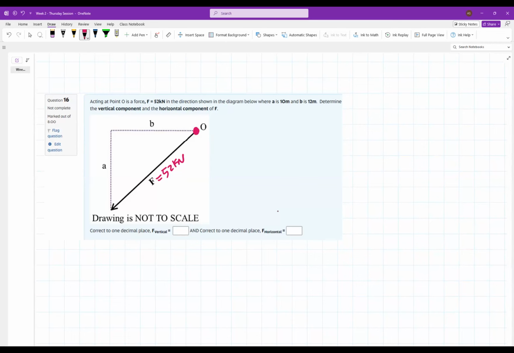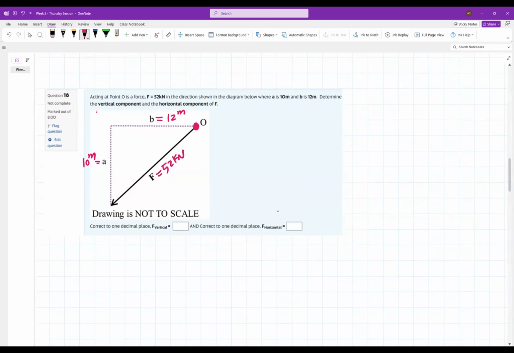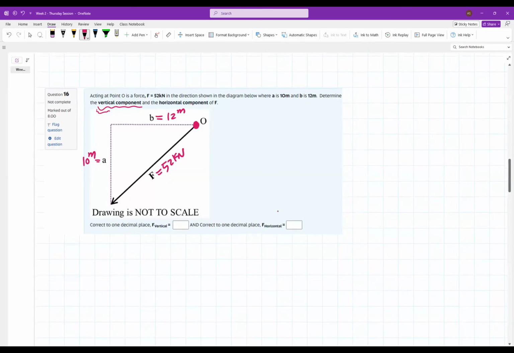So A and B are the dimensions of the triangle, including this inclined member. The requirement is to find the vertical component and horizontal component of F.